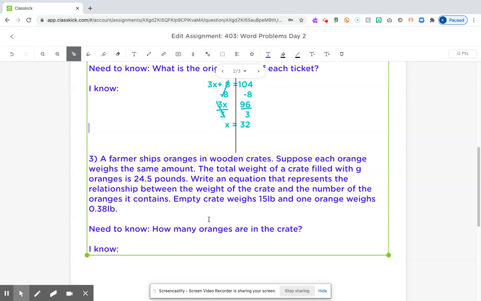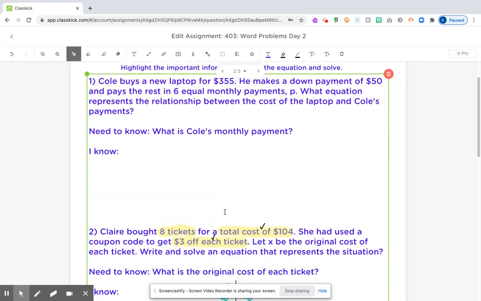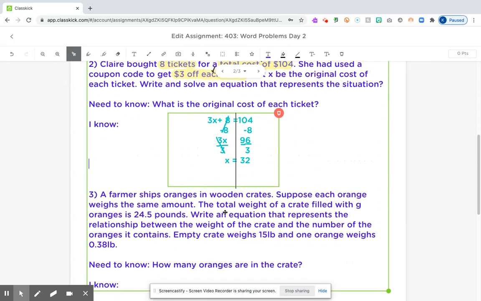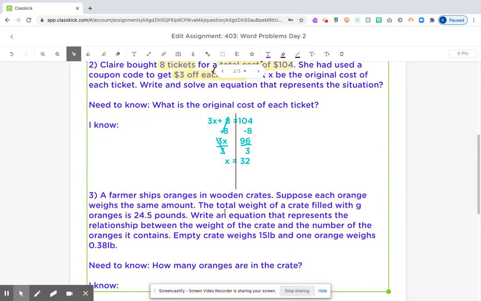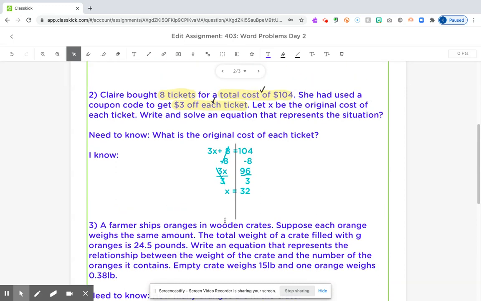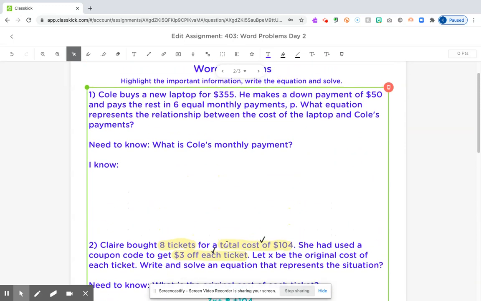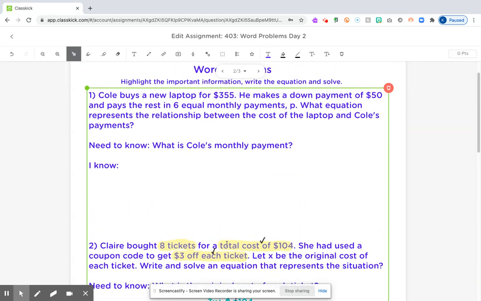And remember, for this third one, we're trying to find out how many oranges are in the crate. How many can fit in there? Okay. And think about, where does your total go? And things like that. Total always goes at the end. So if you know anything, you know total goes at the end. Okay. All right. So you have to do that by yourself.